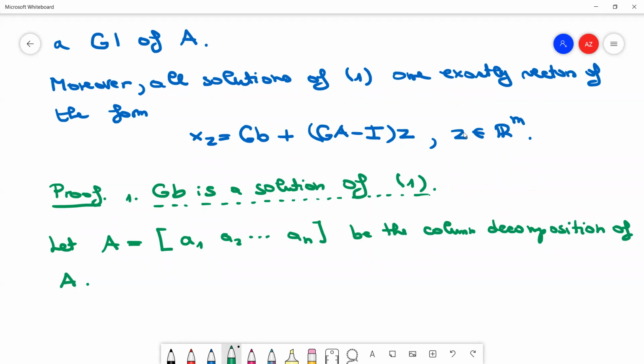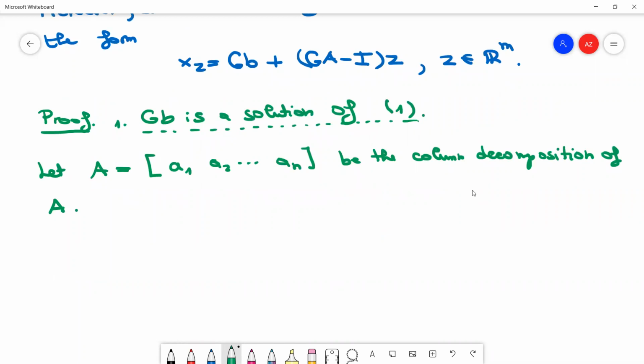This is just notation. And now we know that b, since the system 1 is solvable, belongs to the column space of A. And this means that there exist alpha_1 up to alpha_m real numbers, sorry, here we have m columns. So n is the number of rows and m is the number of columns.